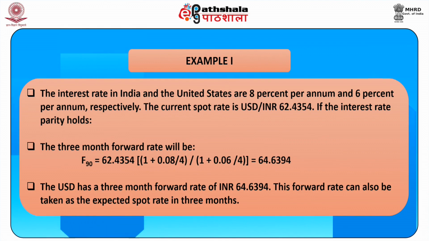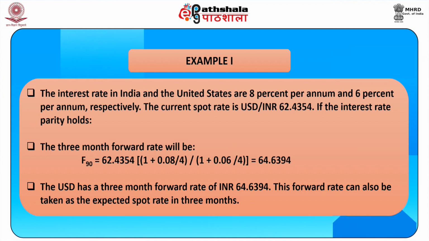The interest rates in India and the United States are 8% per annum and 6% per annum respectively. The current spot rate is US dollar to Indian rupee 62.4354. If the interest rate parity holds, what is the 3-month forward rate?